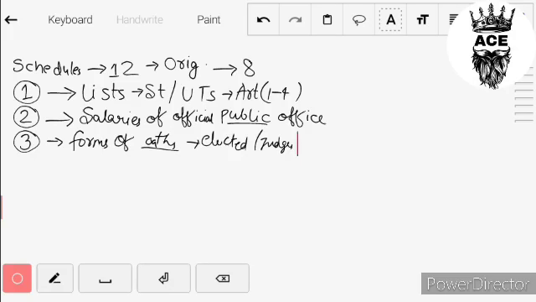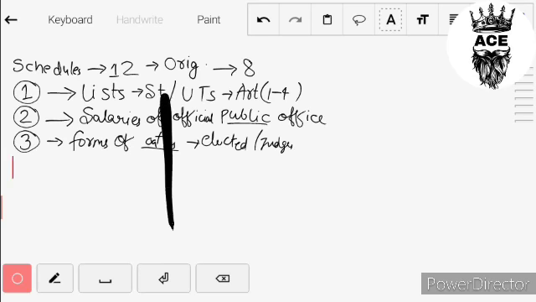There are many articles in schedule 3 also: 75, 99, 124, 148. But these articles are not useful for your pre-examination, whether you are preparing for any competitive exam. But the required things we are providing you in a better manner.